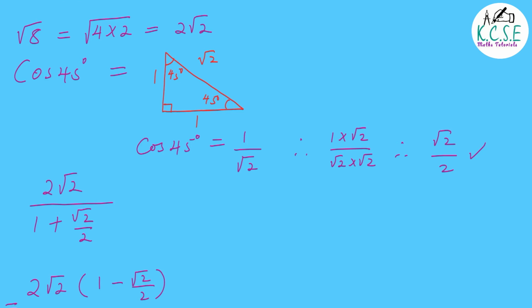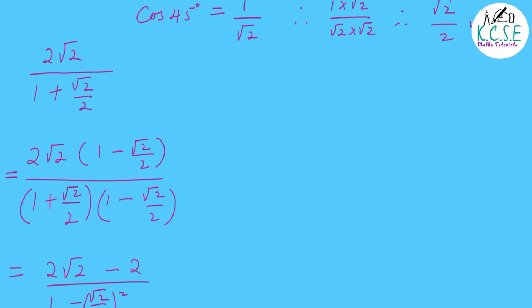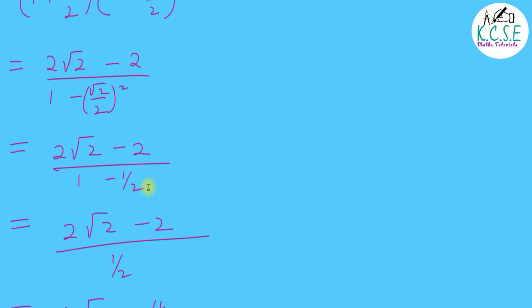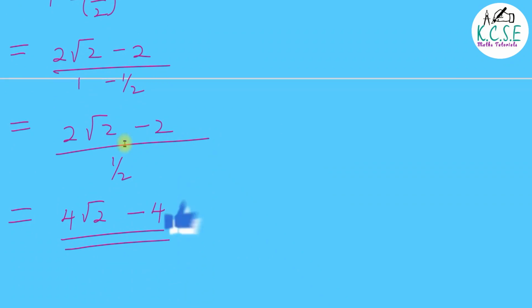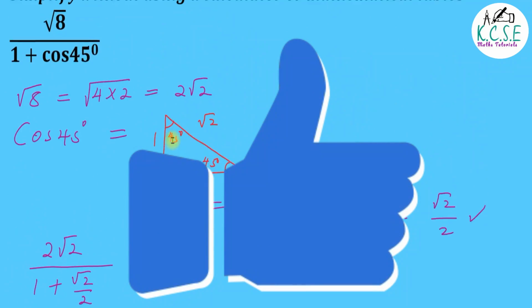Then we inserted it in our question, and after substituting the values we rationalized to simplify, multiplying both the numerator and the denominator by the conjugate of the denominator. From there we were able to simplify everything and obtain the solution. So that is how we're supposed to work out that question.